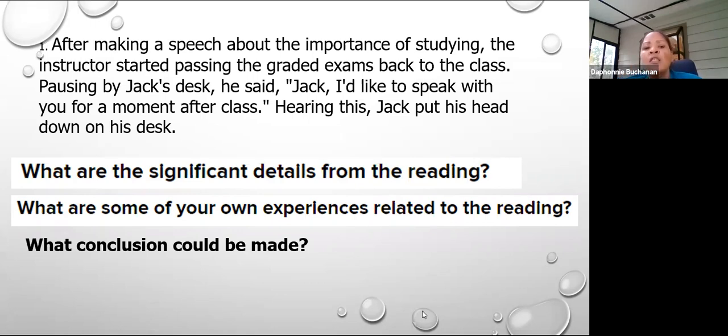Okay, so what are some of your own experiences related to the reading? Based on your experience, how can you relate to the reading? Just failed the test, okay?